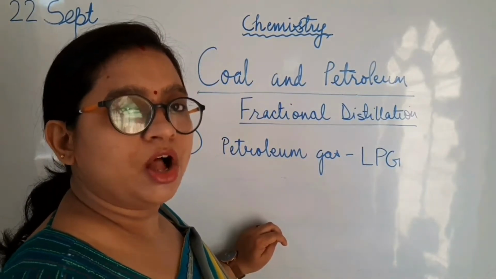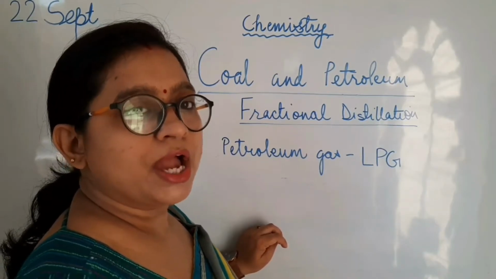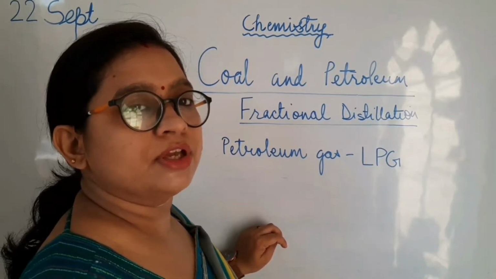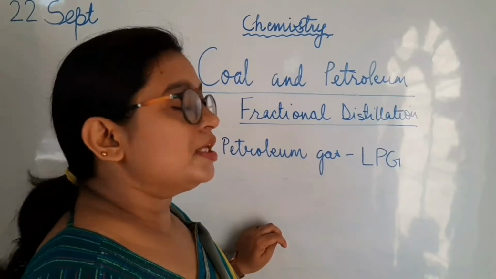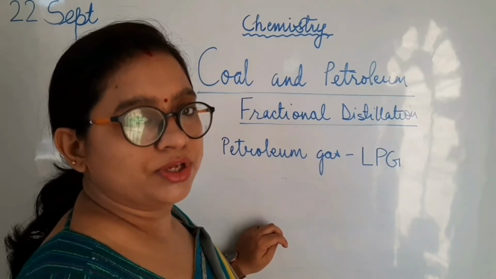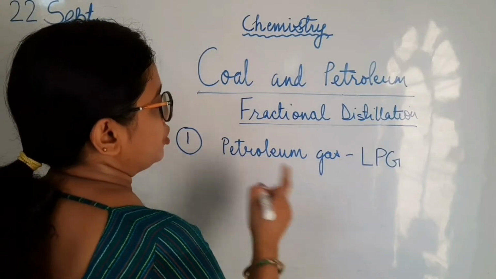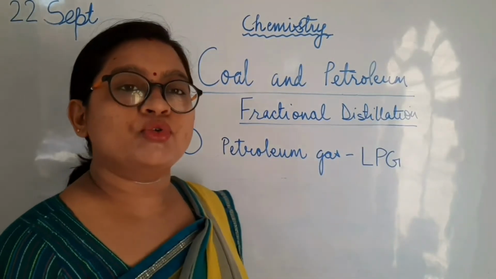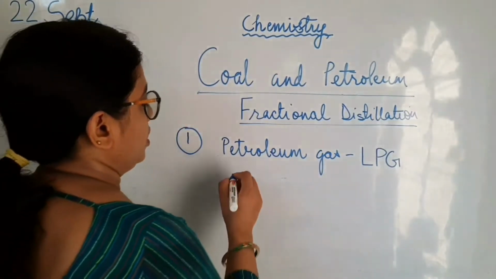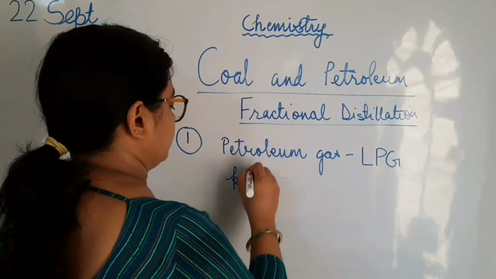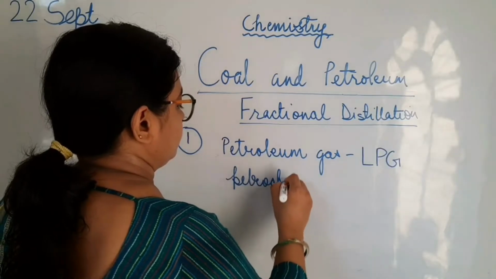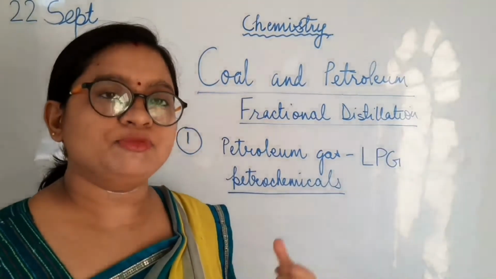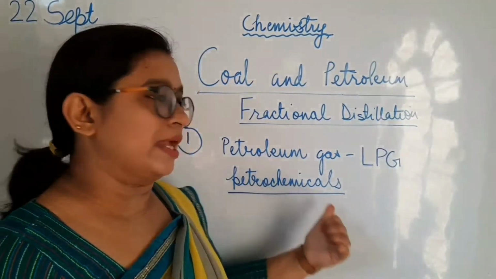Now I think every household has an LPG stove. It is the gas which is used for cooking purposes. Apart from that, petroleum gas is also used for making petrochemicals. So what are petrochemicals?